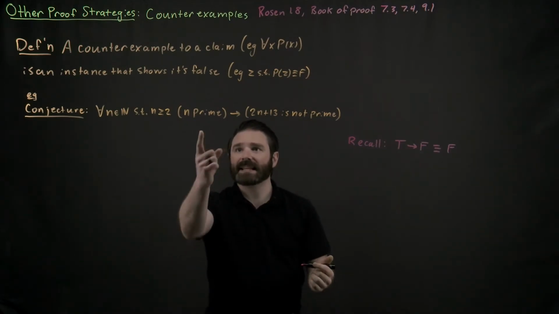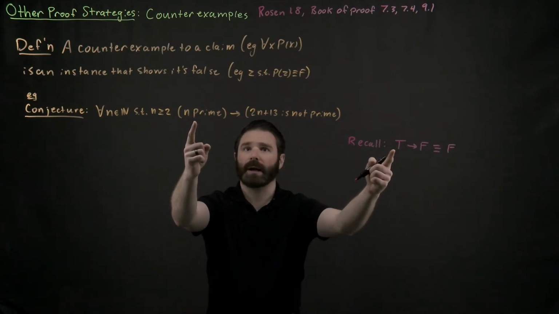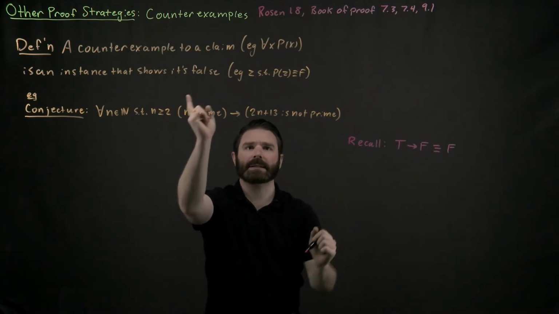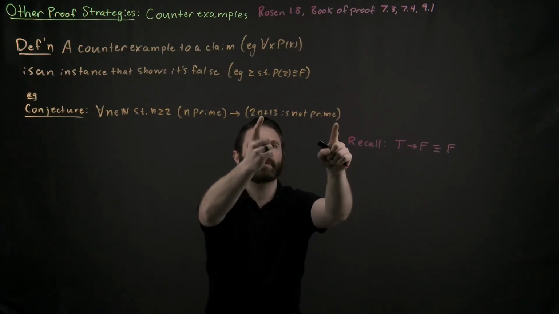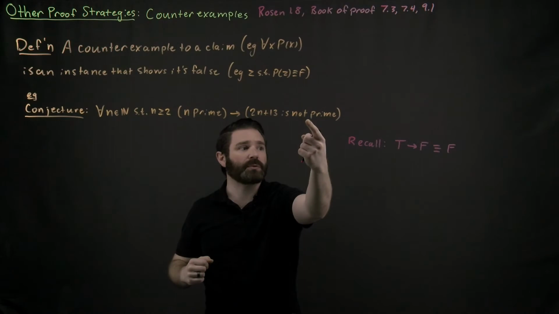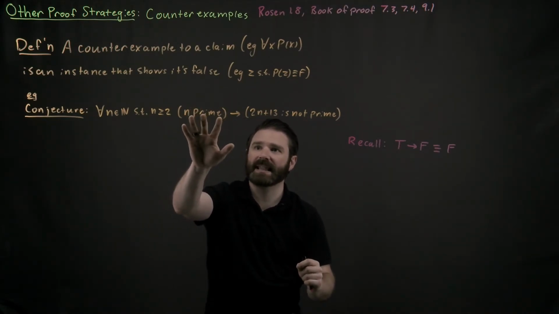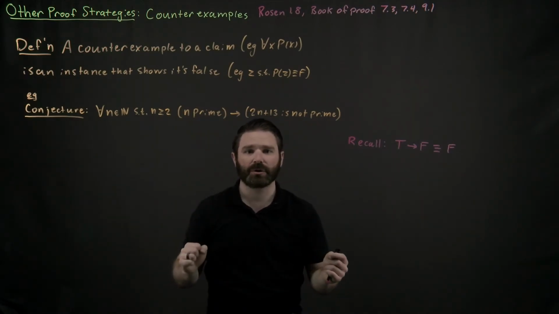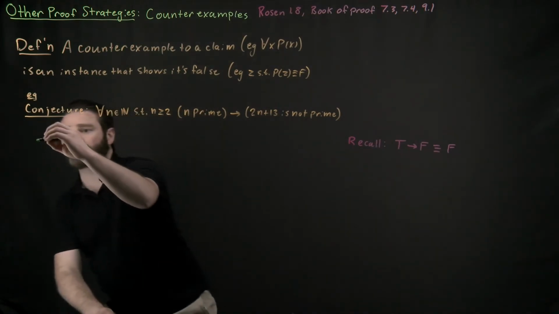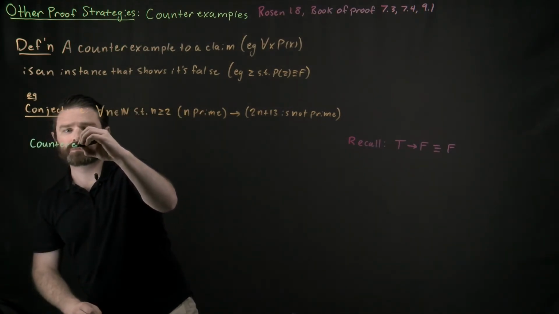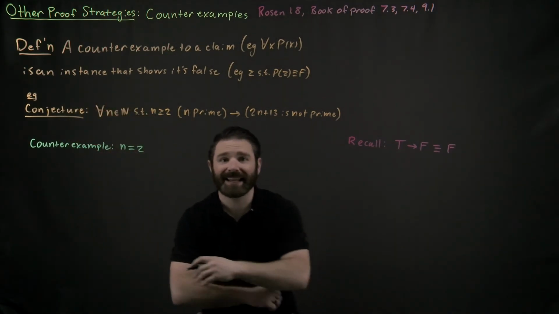So that means in this particular conjecture, I would have to find an n that is prime, and a 2n plus 13 that I want to be false for the conclusion, so I want it to be prime. Again, I want to find a number that makes the hypothesis true and the conclusion false. So let's go ahead and try letting n equal 2.